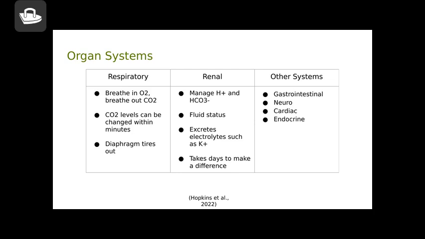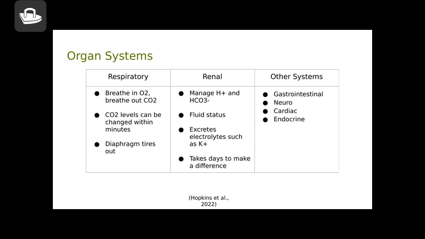So that's where the renal system comes in, our kidneys. Our kidneys manage the hydrogen and bicarb. So the kidneys either hold onto hydrogen or bicarb, or they can excrete it. Fluid status as well. And of course, our kidneys regulate our potassium and electrolytes.